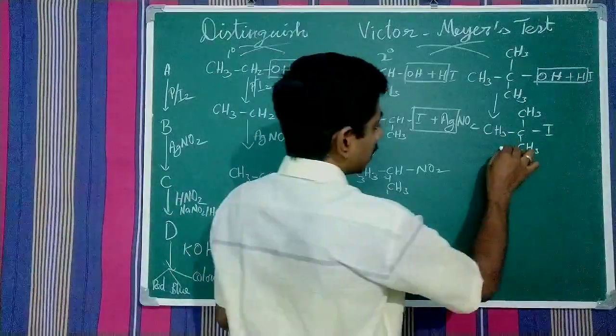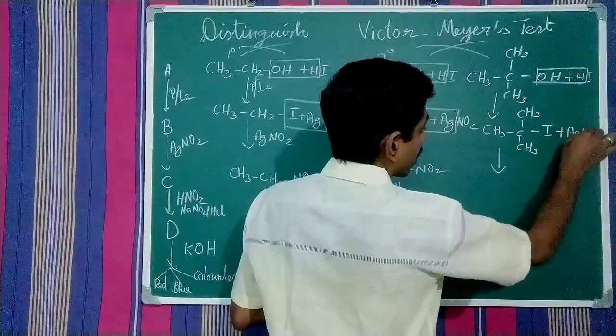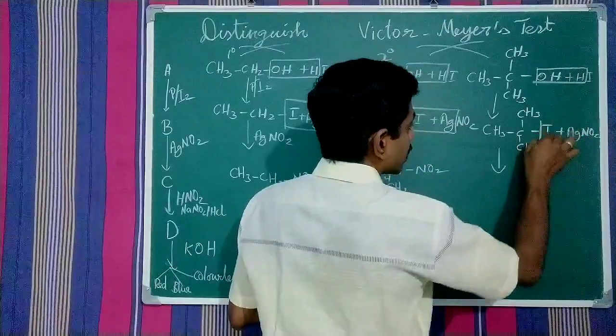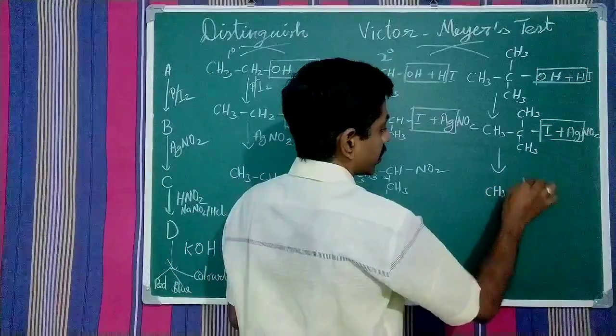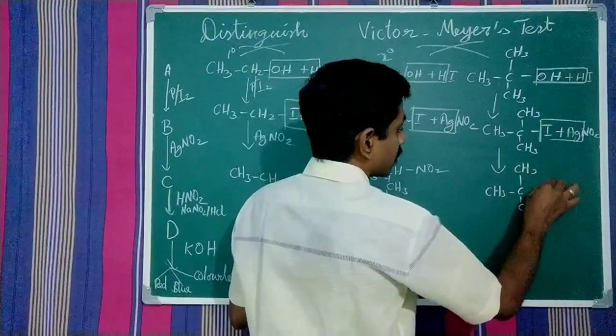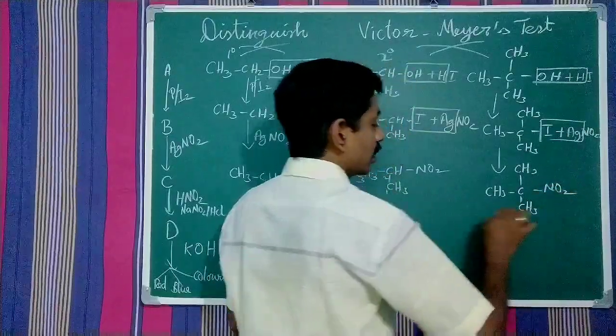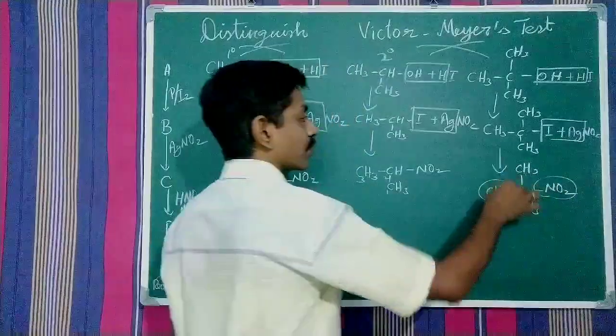And similarly we go for tertiary butyl also, AgNO2. AgI is removed, NO2 group is added, CH3C(CH3)(CH3) and the NO2. Till now no confusion, you can see 2-methyl-2-nitropropane as a product.